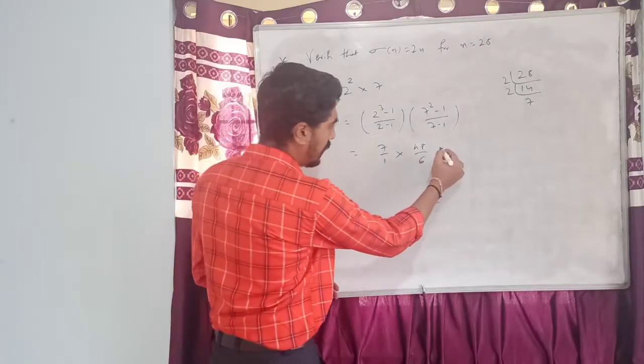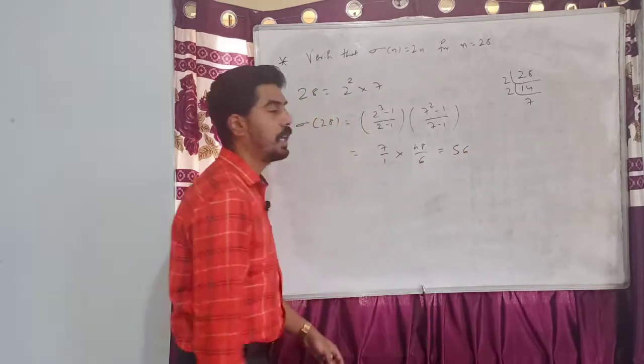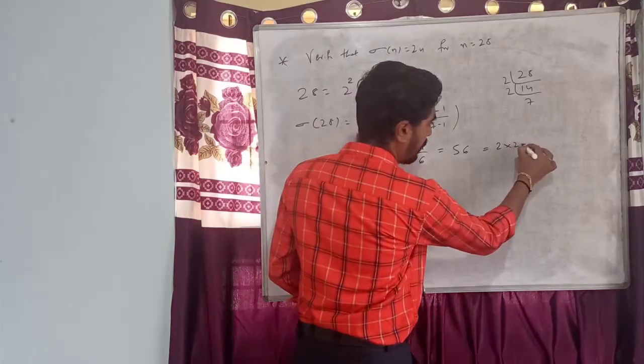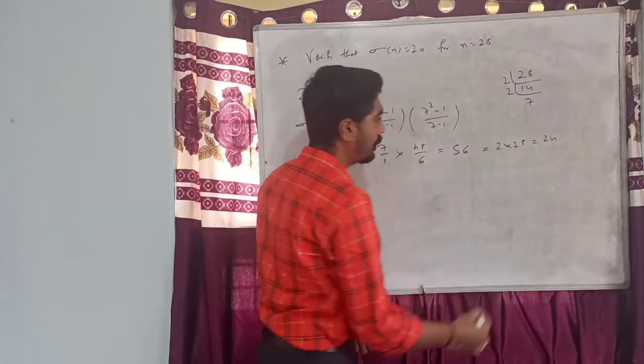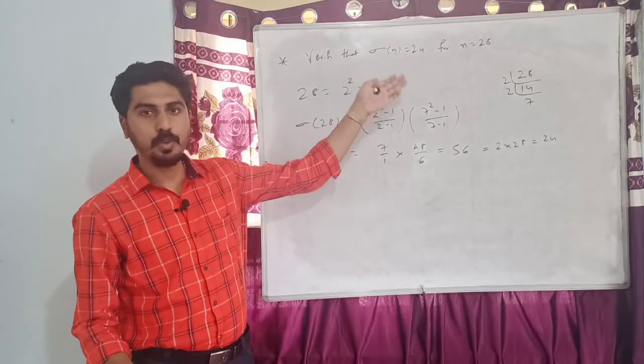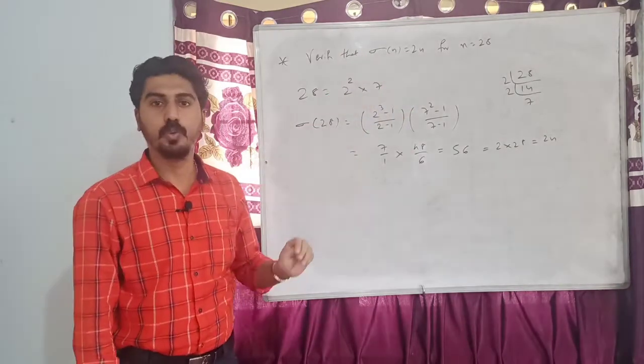If I solve this, I get here 56, which is same as 2 into 28, which is 2n. Hence it is verified that sigma of n is equal to 2n for n equal to 28.